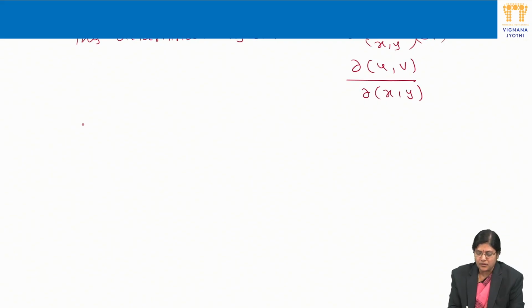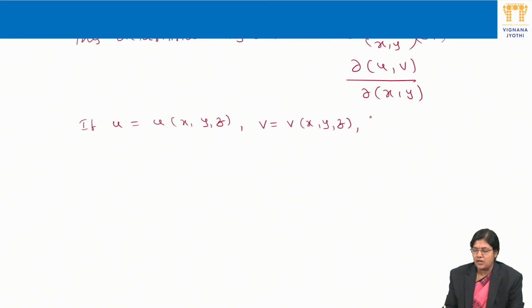Suppose u is a function of three variables x comma y comma z, v is also a function of three variables x comma y comma z, and assume that w is also a function of x, y, z.